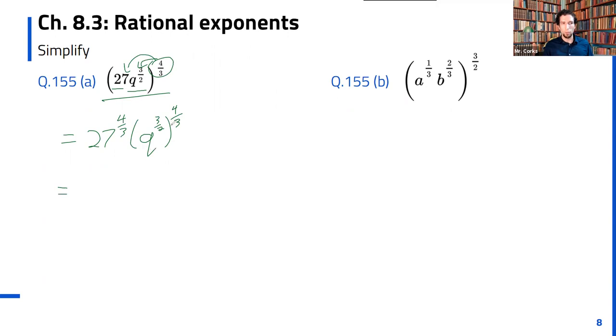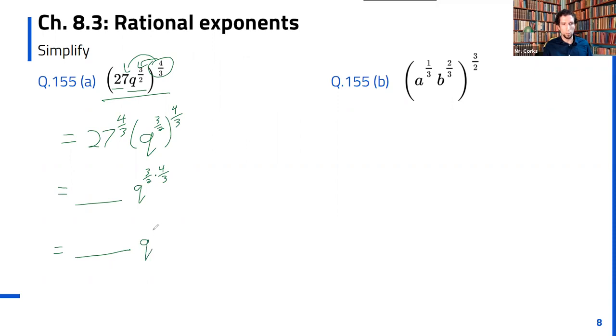Okay, let's do the q part first. That seems a little easier. So it's q to the exponent 3/2 times 4/3. And we're just going to multiply those together. We'll fill in the 27 part in a little bit.